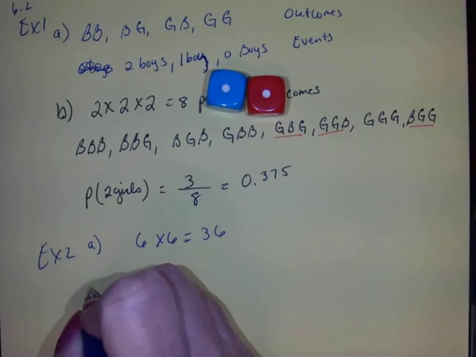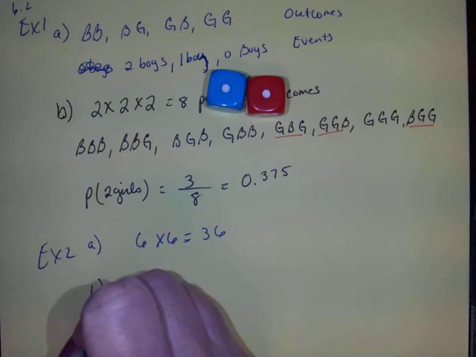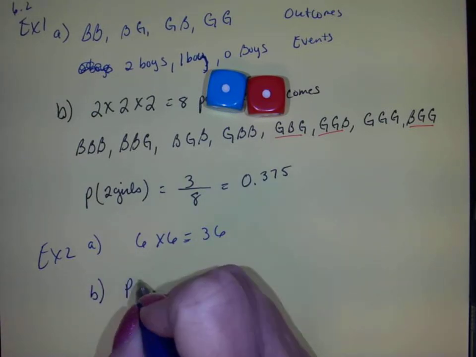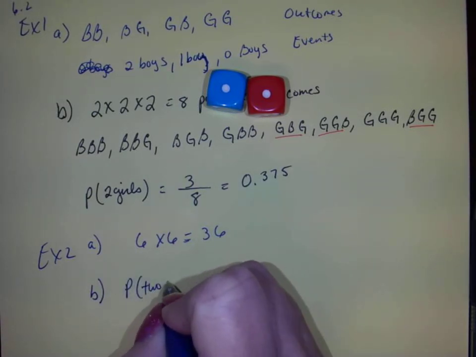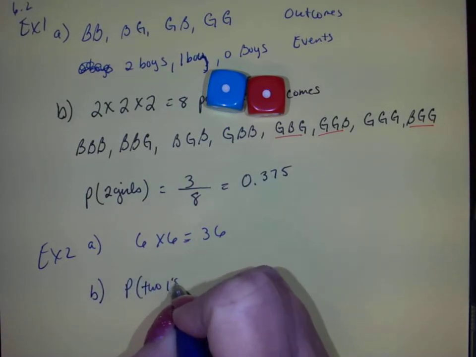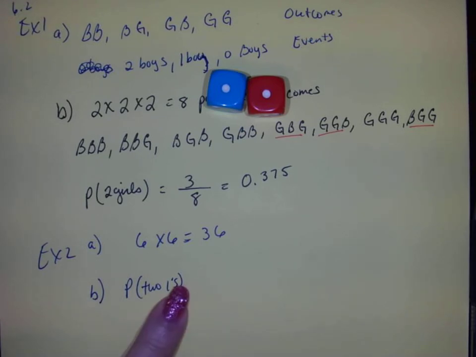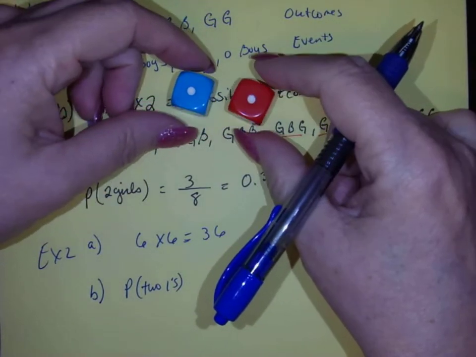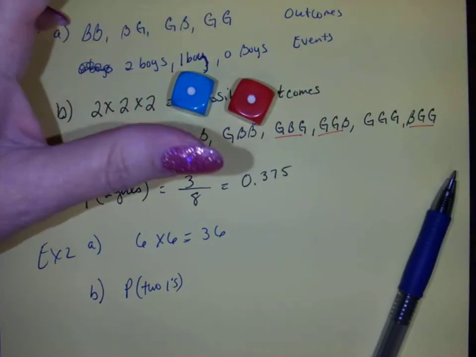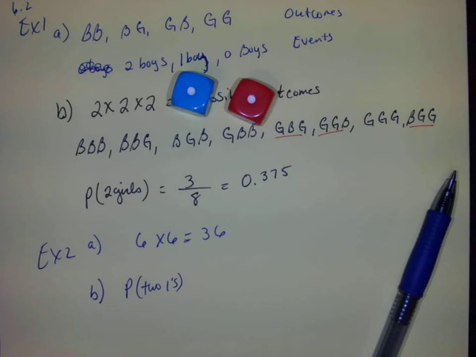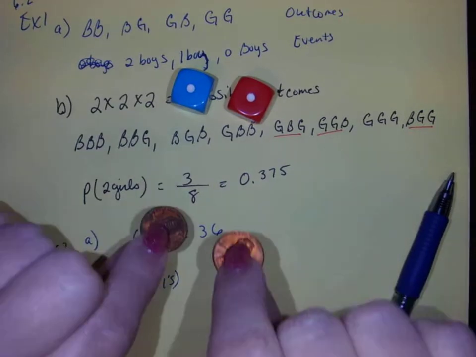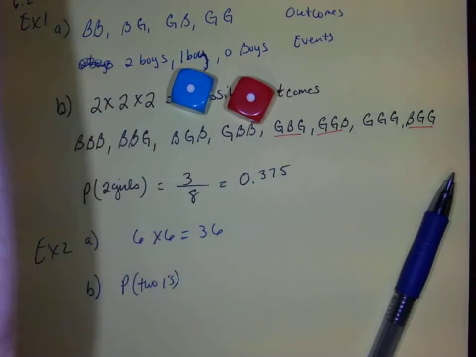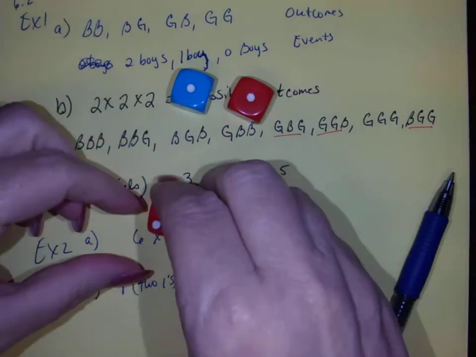So for part B, the probability of getting 2 ones is going to be the number of ways that it can occur. Now, we talked earlier about when we were flipping the coins, right? We talked about this. Let me just do the dice because they're easier to see.